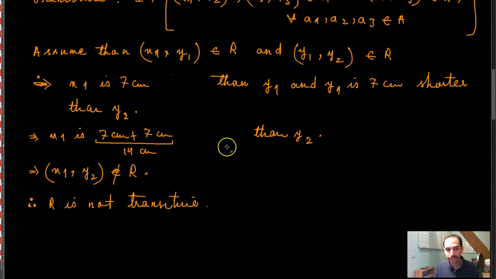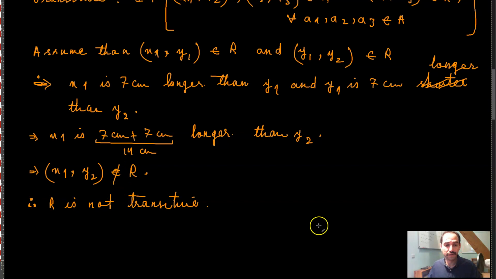So x1 is 7 centimeters longer than y1 and y1 is 7 centimeters longer than y2, which means that x1 is 7 plus 7 centimeters longer than y2, which of course means that (x1, y2) does not belong to R, which means that R is not transitive.